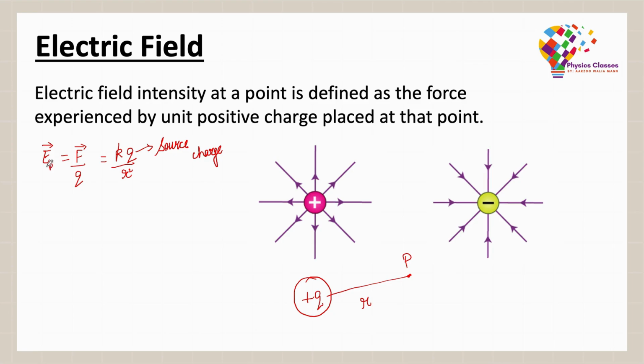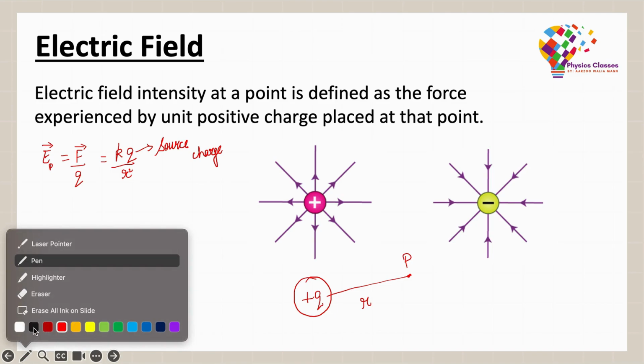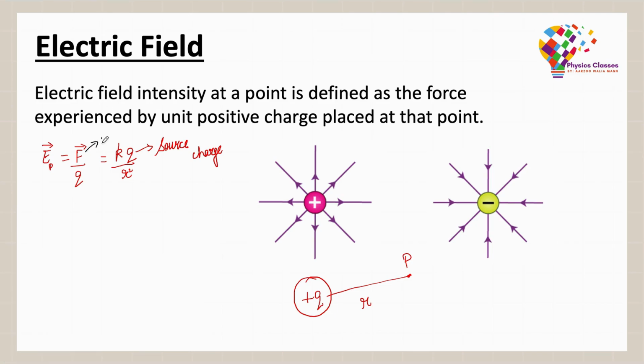And therefore, we say that electric field obeys the inverse square law. Also, if you talk about the force over here, force would be measured in newtons, charge would be in coulombs, therefore the unit of electric field would be Newton per coulomb. You can also say that electric field is measured in Newton by coulomb. That's one and the same thing.